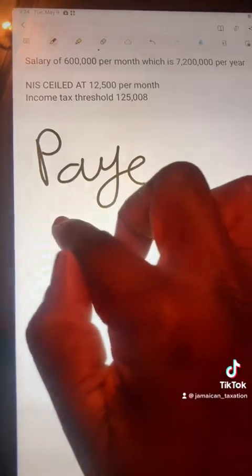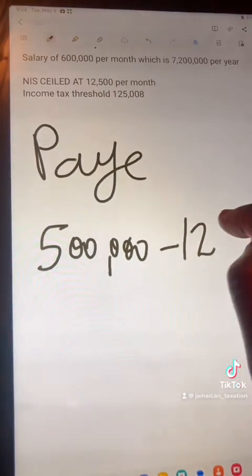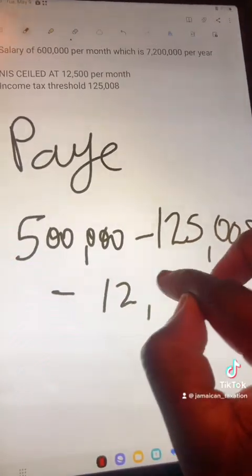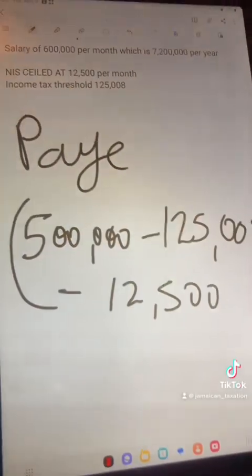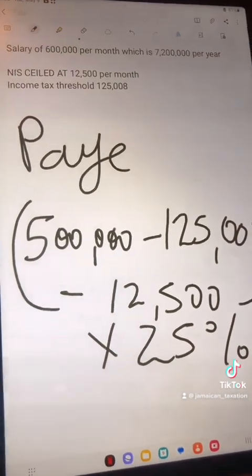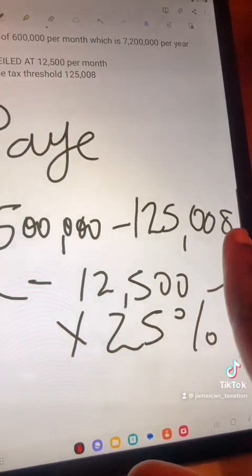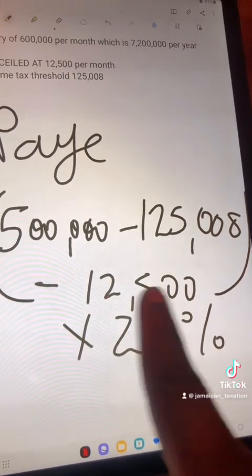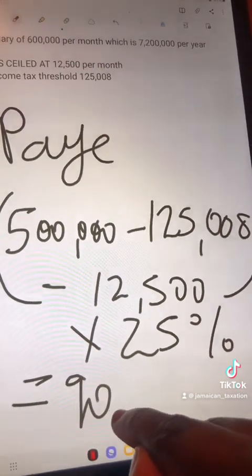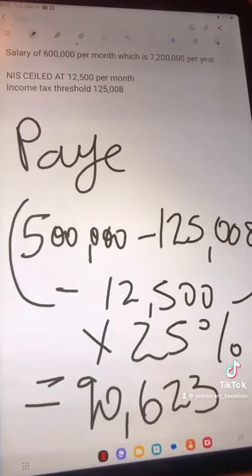So I would have the $500,000 from the 600, less the threshold for income tax, minus the NIS payment, times the 25%, and that gives us 90,623, right? So that's the first part of the working.